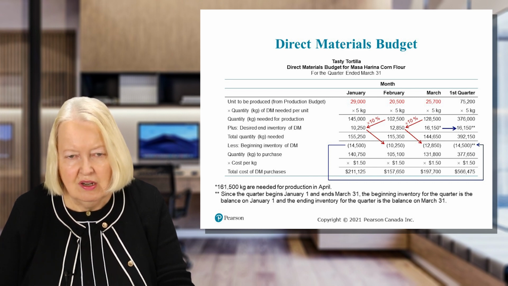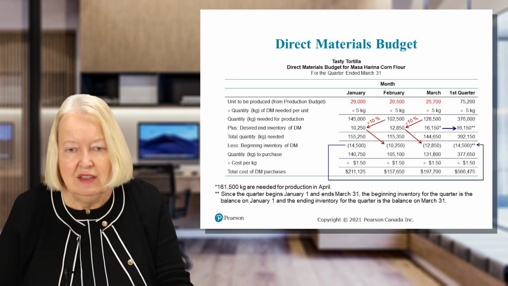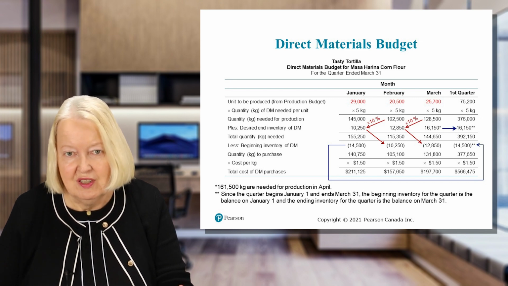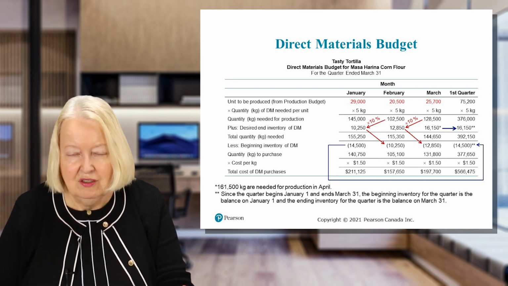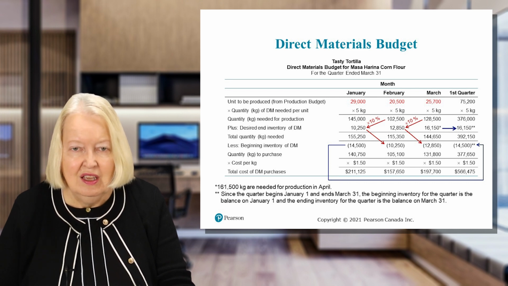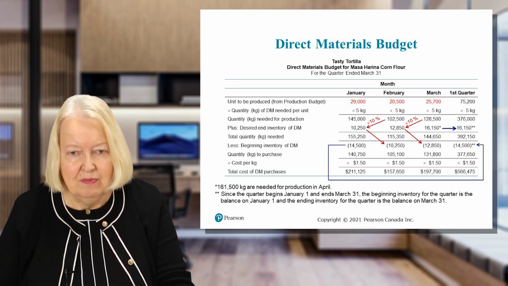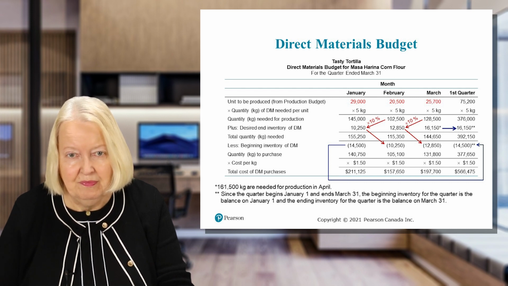So the total cost of the direct materials you need to buy to make your 20,000 units is $211,125. And then you repeat the same process for the subsequent 2 months. So to get our 29,000 units, you're going to have to spend $211,000 in materials to make them.